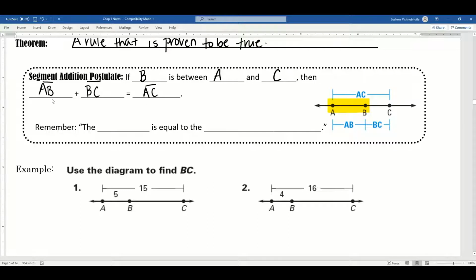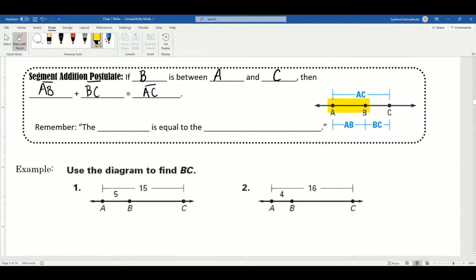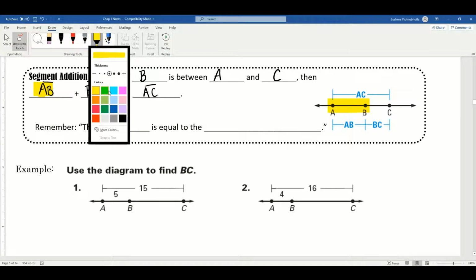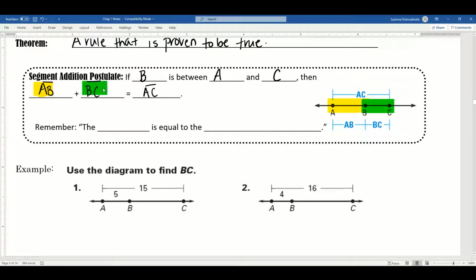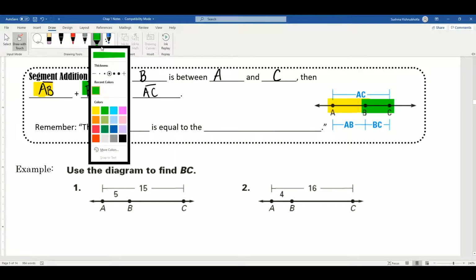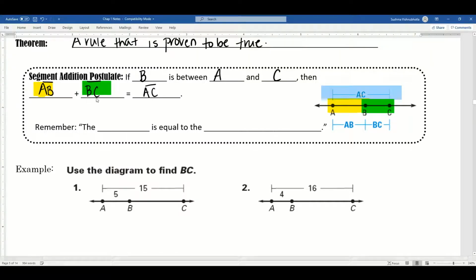So AC is the entire segment, AB is one piece, and BC is the second segment. So both of these together give you the entire segment, which is AC.